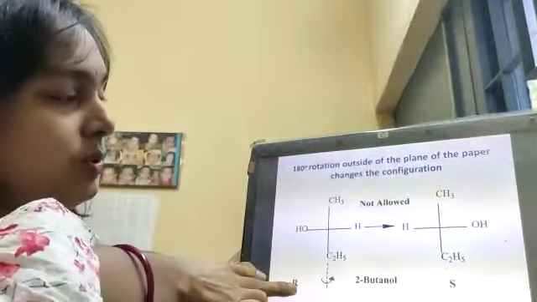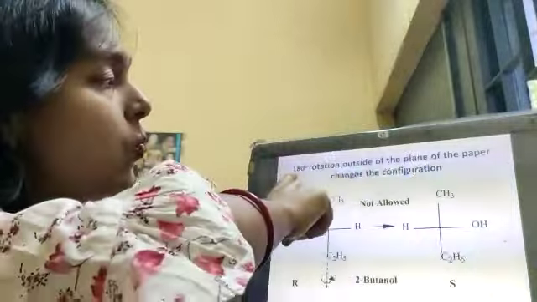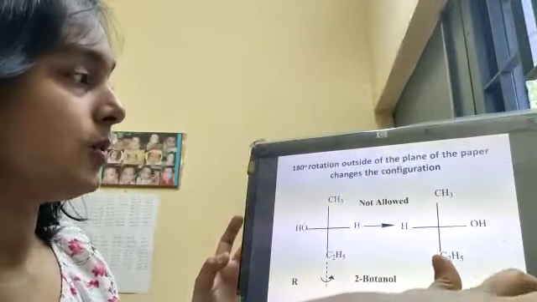So previous one it will be R. After 180 degree rotation outside of the plane of the paper, it will be S. So it is not allowed also.